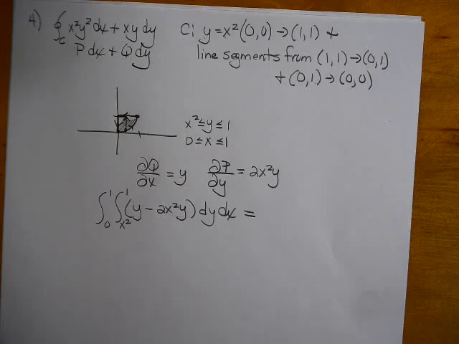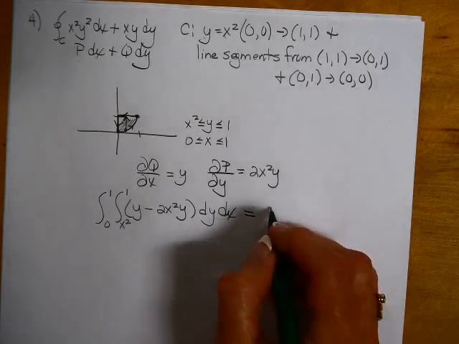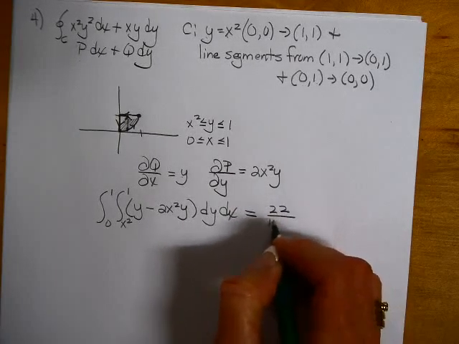Did y'all get 1 over 15? Uh-oh, you didn't get that. I'll be finished then. I got a negative. You could get a negative answer. What did you get, Tori? That's what I got. I got 22 over 105.